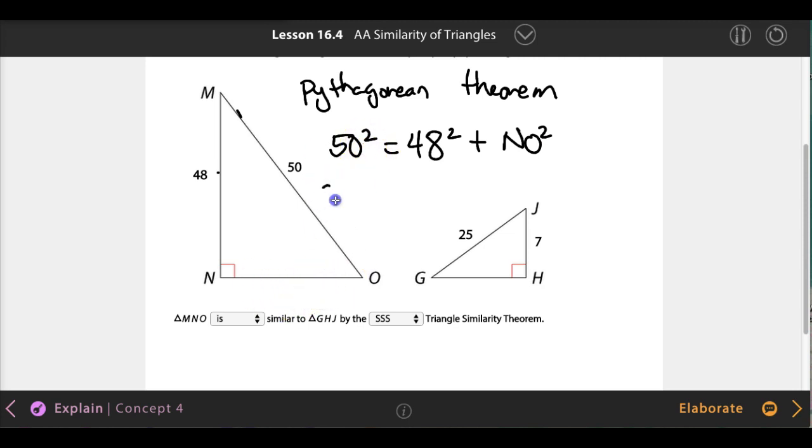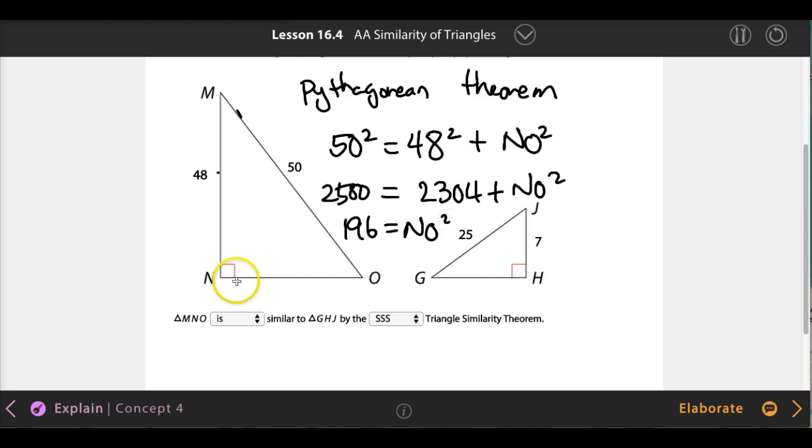And I'm going to just actually calculate this for you. 48 times 48, I'm going to whip out my calculator because I can't do it in my head that fast. So that's 2304 plus NO squared. So to find NO squared, I have to subtract 2304 from there. And so I get 196, and that is NO squared.